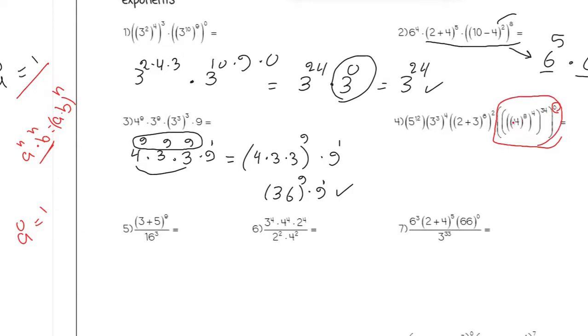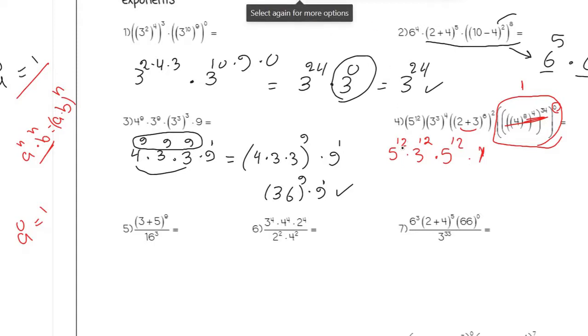When the last one is 0, no matter what you have inside, the whole is going to be 1. And this part, you have 5 to the power of 12, multiplied by 3 to the power of 3 times 4, it's 12, multiplied by 2 plus 3, 5, 2 times 6, also 12, and this part is 1, it's even no need to write in multiplication, because in multiplication 1 multiplied by any number is the number itself.